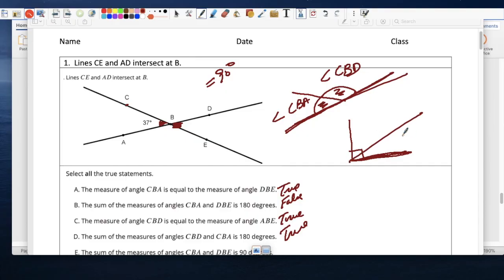Let's call this 25 degrees and this 65 degrees. Do these two add up to 90? Yes, they do. And what are they also called? Complementary. Oh, by the way, these two angles that add up to 180 are called supplementary, and these are called complementary.